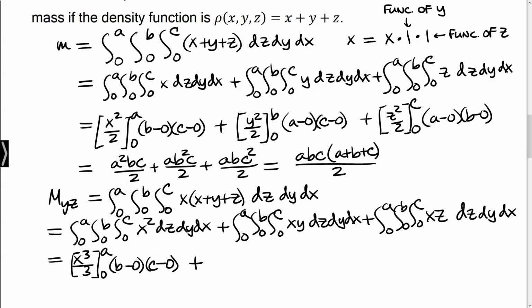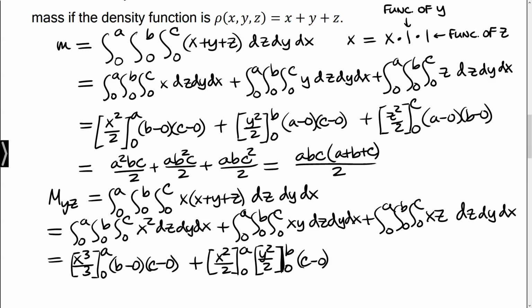Now it's not going to be quite the same on the other ones. So for instance here, we do have to integrate x. So we get x squared over 2 from 0 to a. We also have to integrate y, though, and that gives us y squared over 2 from 0 to b. And the function of z is 1. So that is going to leave us a c minus 0.